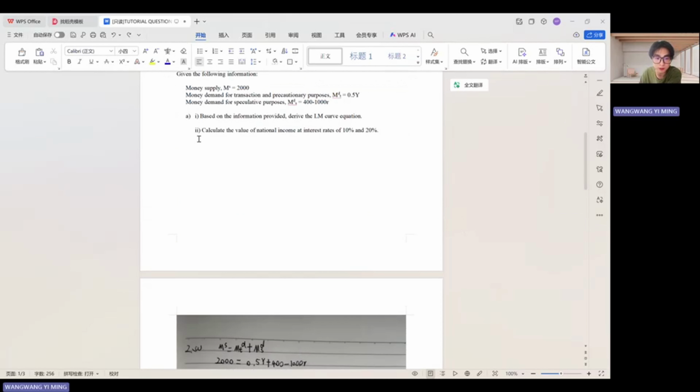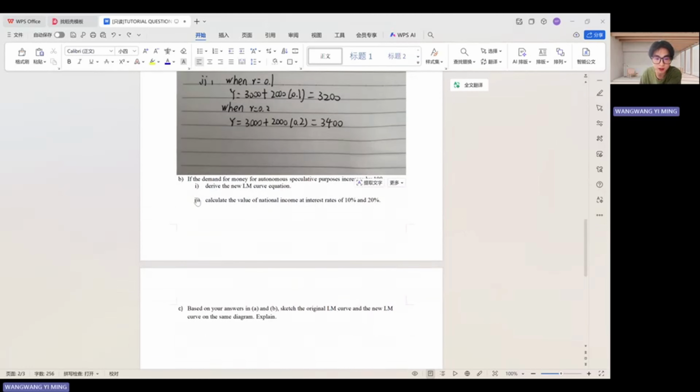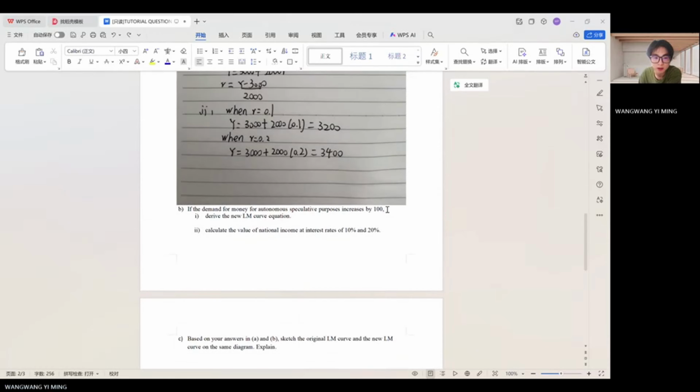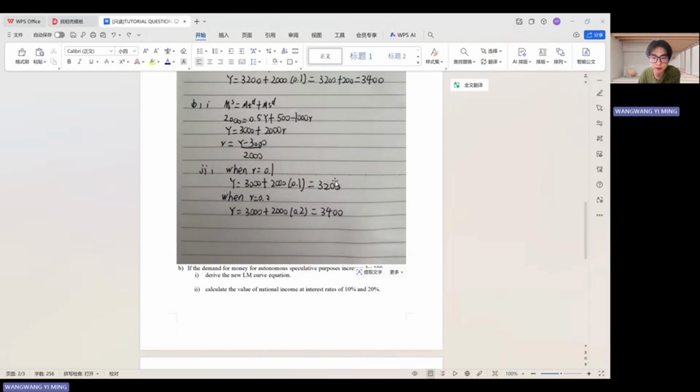And calculate the value at rates of 0.1 and 0.2. When R equal to 0.1, Y equal to 3000 plus 2000 times 0.1, which equals 3200. And with R equal to 0.2, Y equal to 3000 plus 2000 times 0.2, which equals 3400.